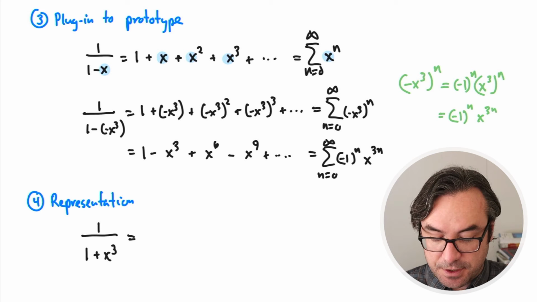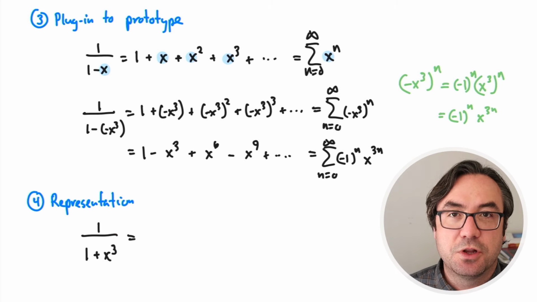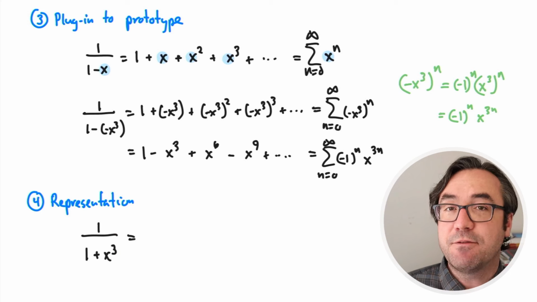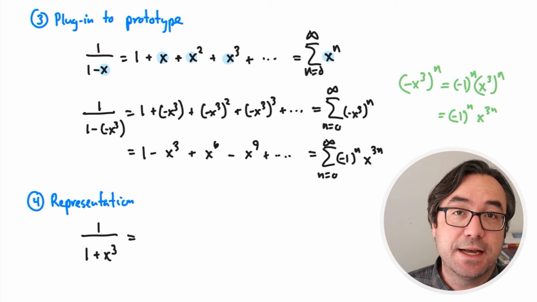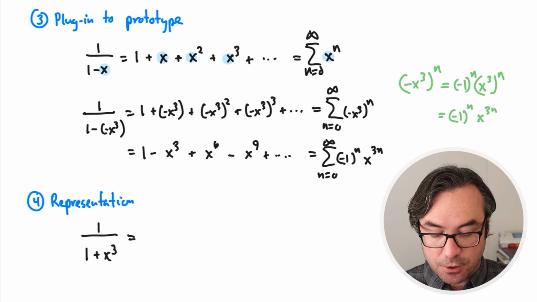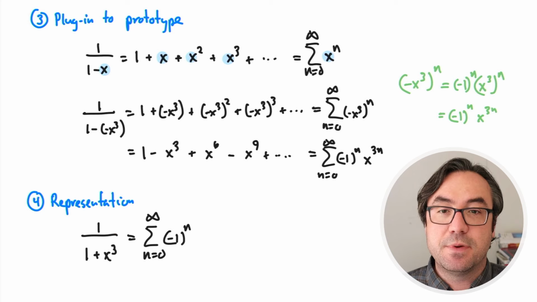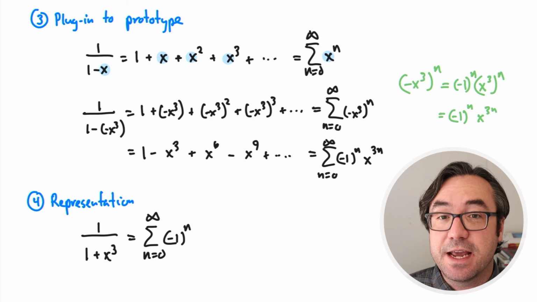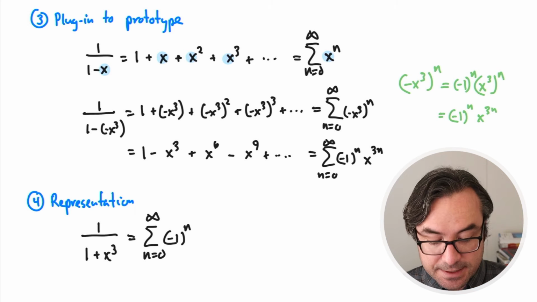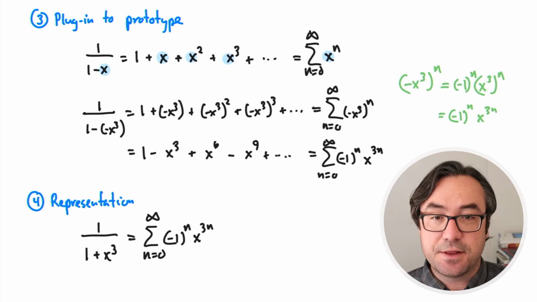On its own, this is a perfectly good looking function, but now we have a way to think of this also as a power series. An alternative version of this formula would be the sum from n equals 0 to infinity of negative 1 raised to the n times x raised to the 3n.